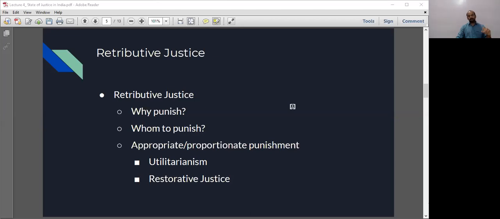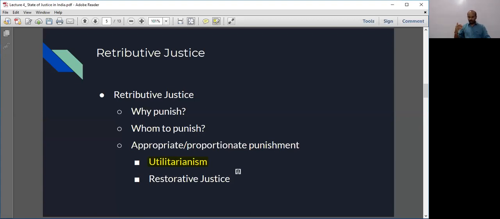In those cases what is important is what you do with such people: you put them in prison, you keep them under imprisonment, okay. Now when you keep them under imprisonment, they are not roaming outside, they are not committing the crime, and therefore by punishing someone you have maximized the welfare of the society. So utilitarianism talks about the future consequence of punishment, that if we give punishment, what consequence it has in the future.